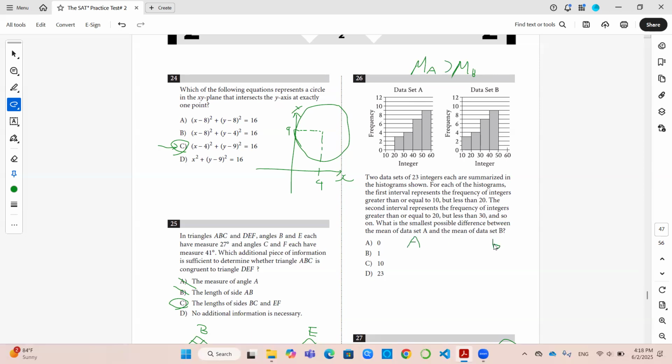Now, all I have to do is write my tables for A and B here. So I'm going to go ahead and do that. So we have A and then 20, 30, 40, 50, and 60.